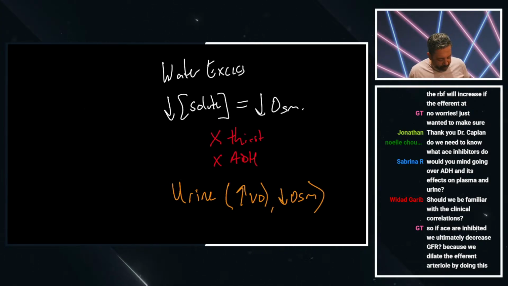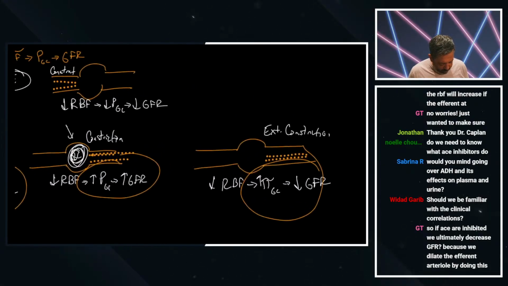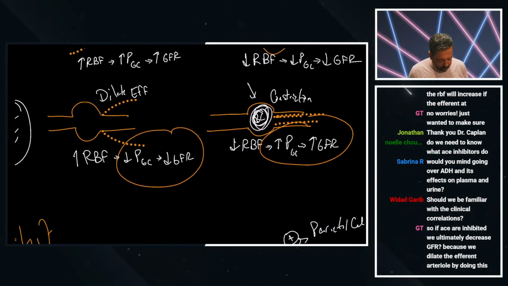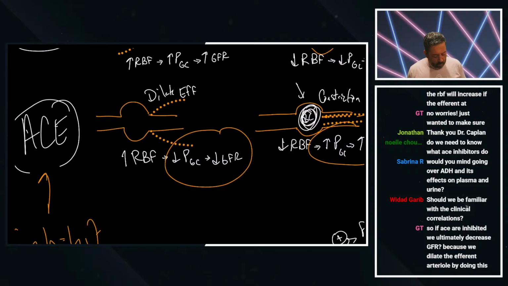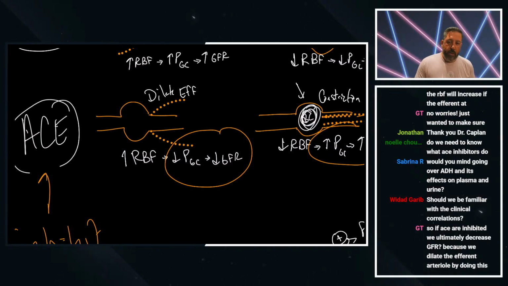Yes, so if you give an ACE inhibitor, you will cause that to occur. Because you can't dilate it anymore. You can't constrict it because you don't have the angiotensin converting enzyme anymore.